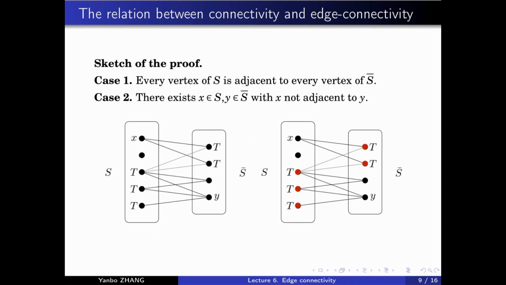This is because maybe every vertex of S has neighbors in S bar. Instead, we consider all neighbors of x in S bar and all the other vertices of S that have neighbors in S bar. The purpose of this is, after deleting these vertices, both S and S bar are not empty.